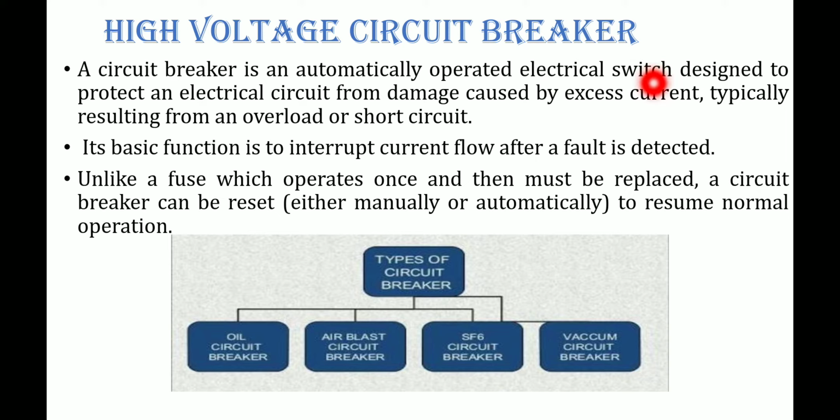It is designed to protect an electric circuit from the damage caused by excess current. Excess current occurs due to a fault condition. In order to avoid damage to the system from the excess current, it can be protected with the help of an automatically operated electrical switch, that is the circuit breaker. Getting my point?